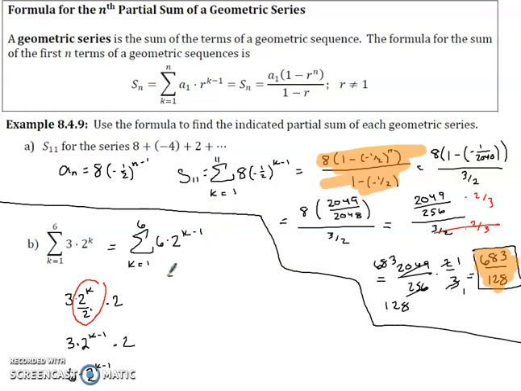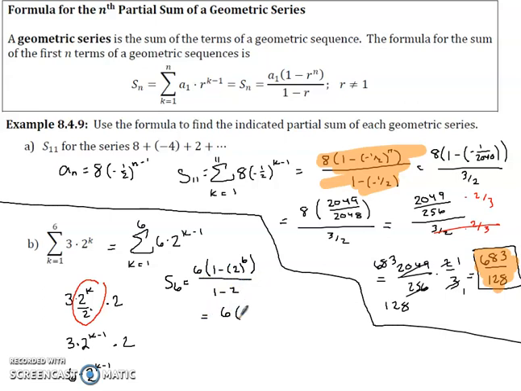So the sum of my first 6 terms is a1, which is 6, multiplied by 1 minus r, which is 2, to the power of n. Here I'm looking at an n value of 6, all over 1 minus r, which is 2.